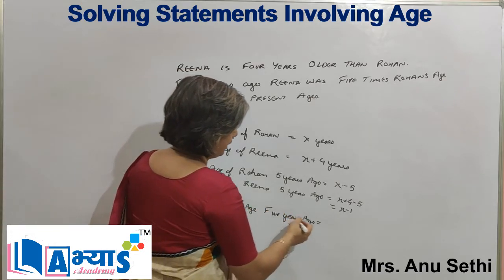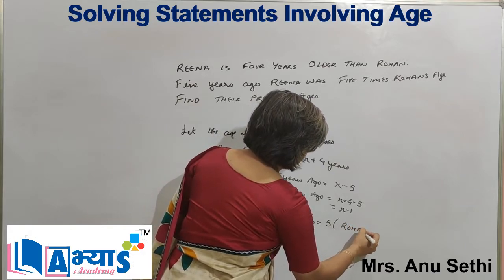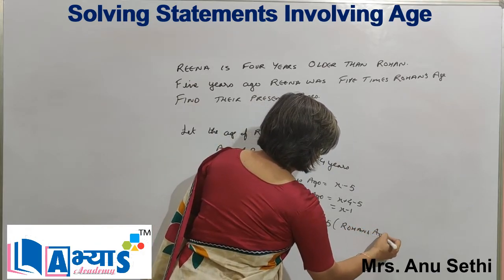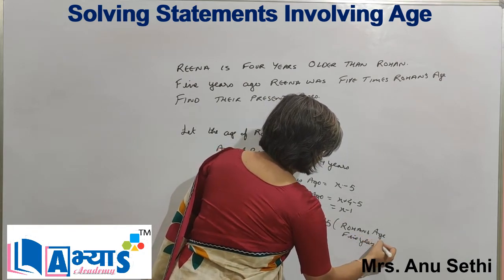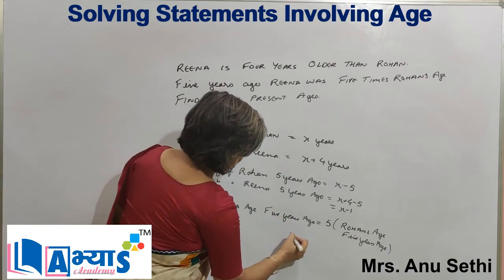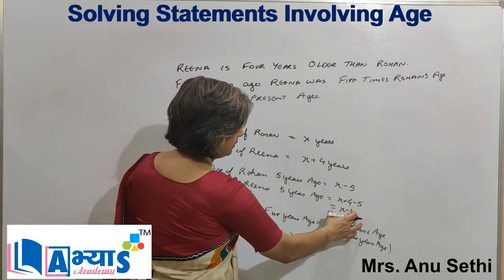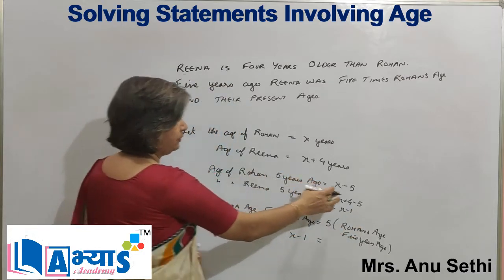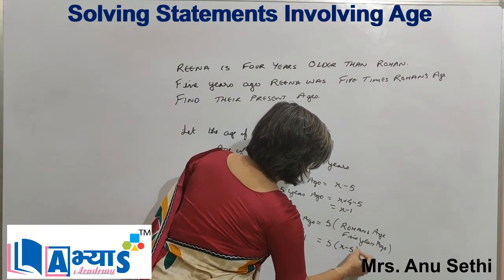So Reena's age 5 years ago is equal to 5 times Rohan's age 5 years ago. So we can say x minus 1, because age of Reena 5 years ago is x minus 1 and age of Rohan 5 years ago is x minus 5. 5 into x minus 5.